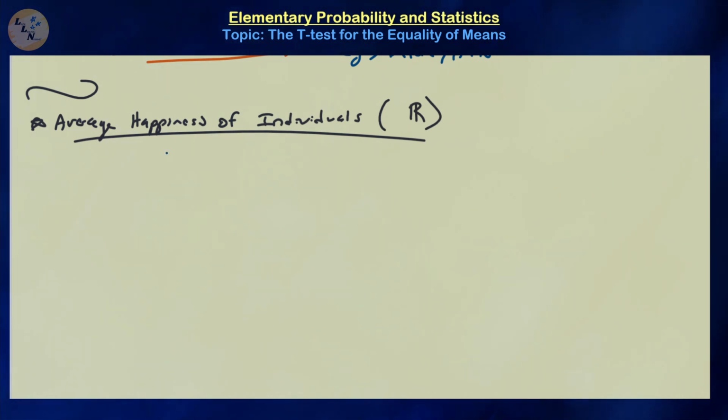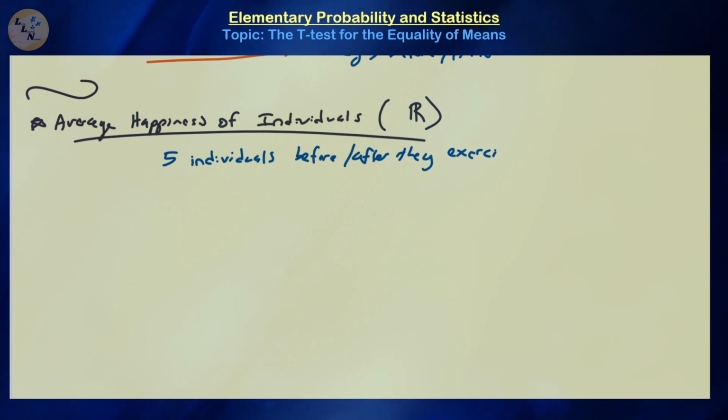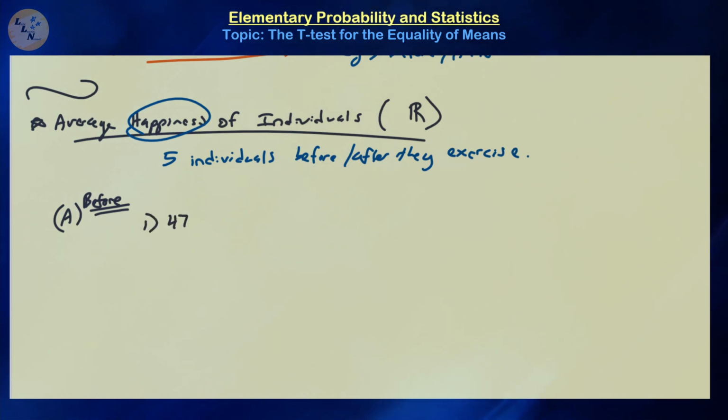Let's do exercise. Let's do 5 individuals, before and after they exercise, and let's analyze their happiness before and after they exercise. Before they exercise, this is going to be population A. The first person has a happiness level of 47.